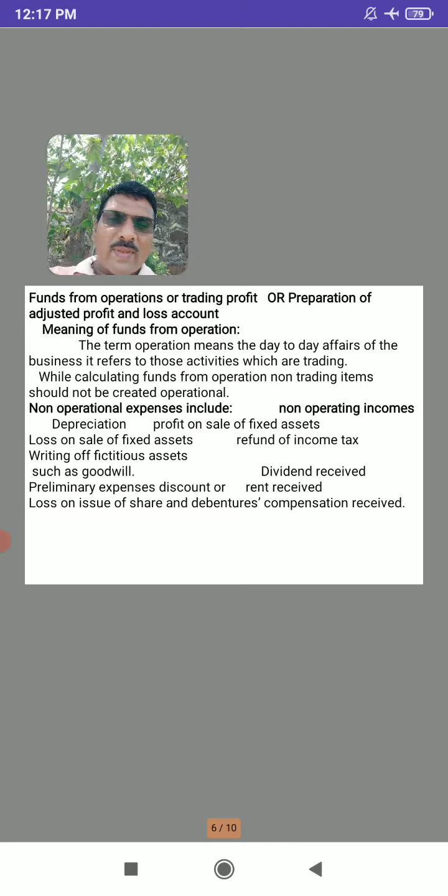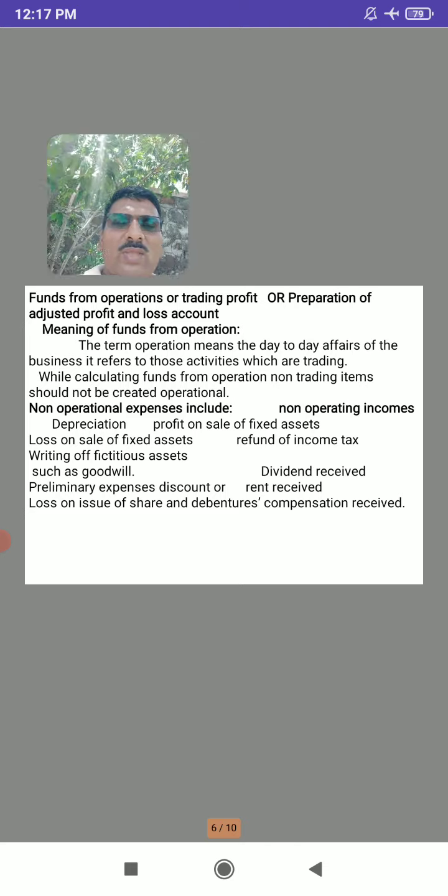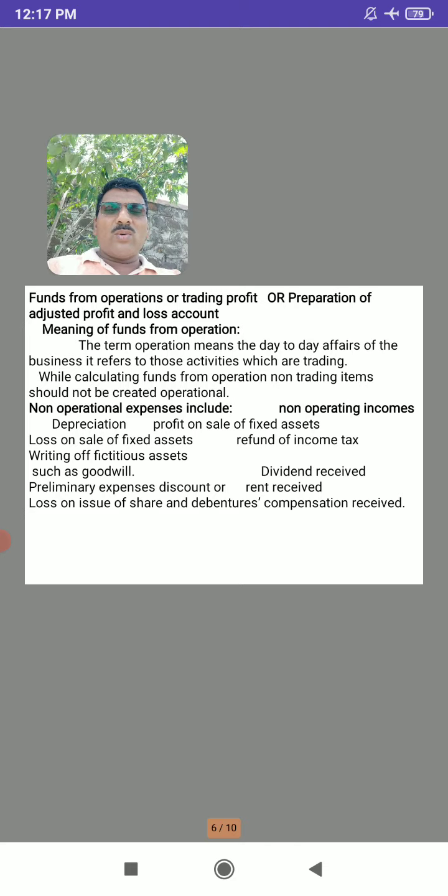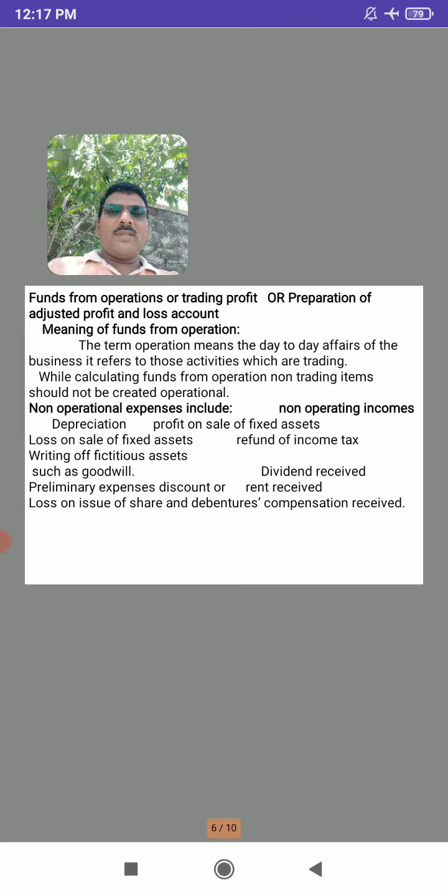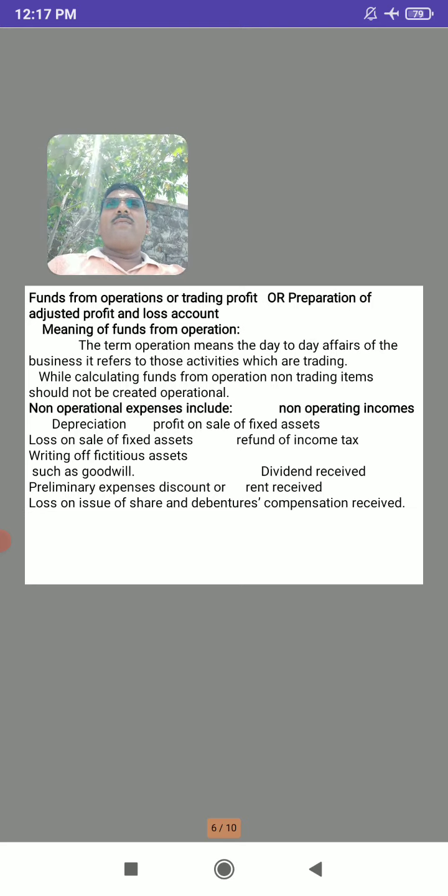These expenses are not included at the time of calculation of funds from operation.